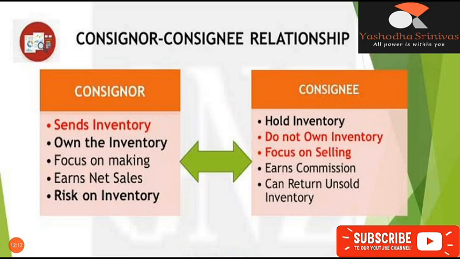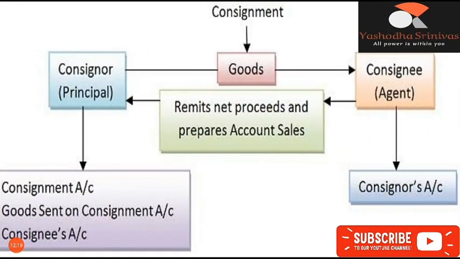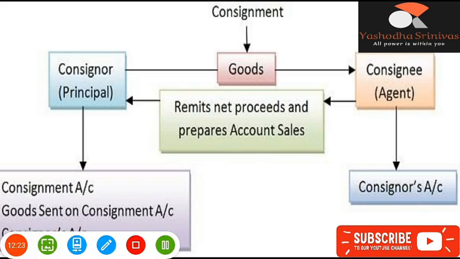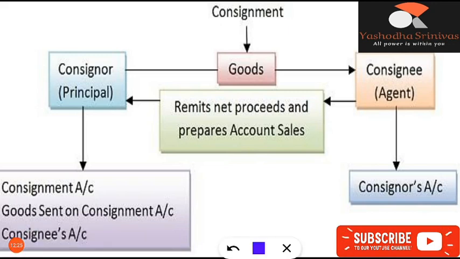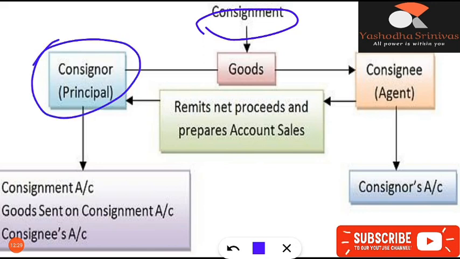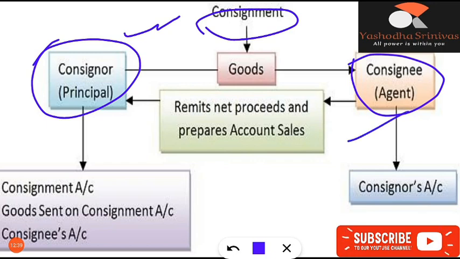Let us move on to the next slide. So this is actually what we said that time. Consignment, as we said, has two parties who are concerned: the consignor and the consignee. The first party, the seller, is nothing but the principal. The second party is nothing but the agent. He is just an agent for selling the goods.